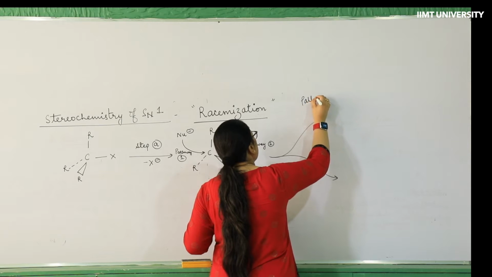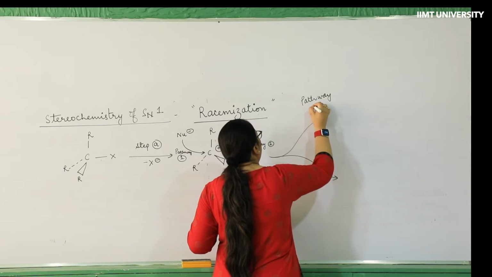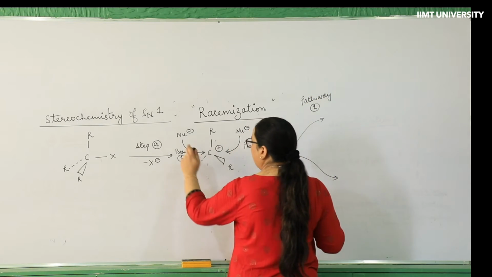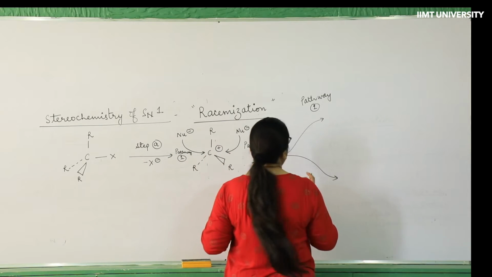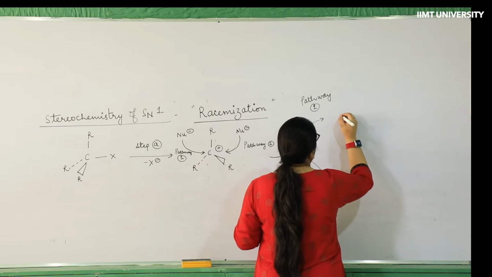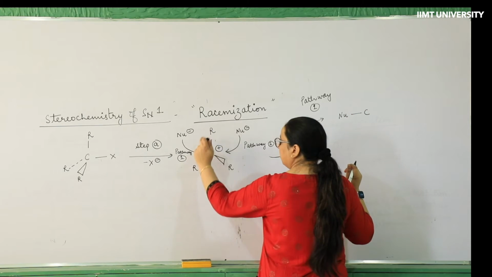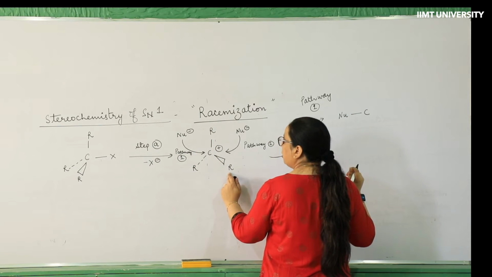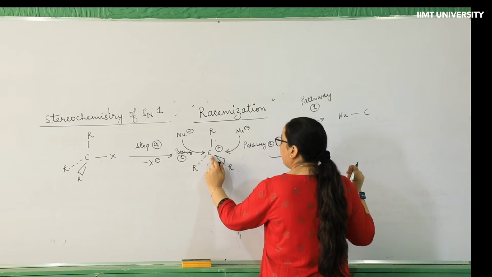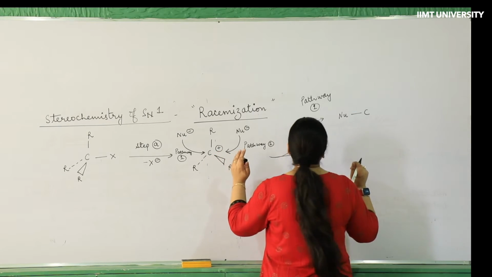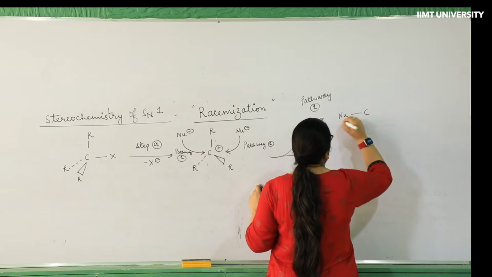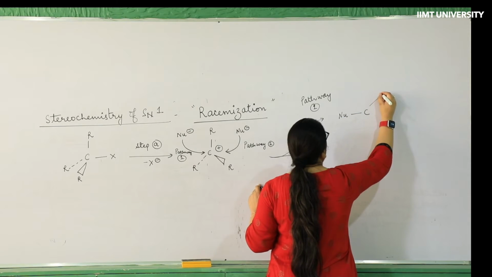So this is pathway 1. In the pathway 1, the nucleophile is attacking from the back side of the carbon. So what will happen? All the alkyl groups which are present on the carbon, they will get shifted slightly away from the nucleophile like this.